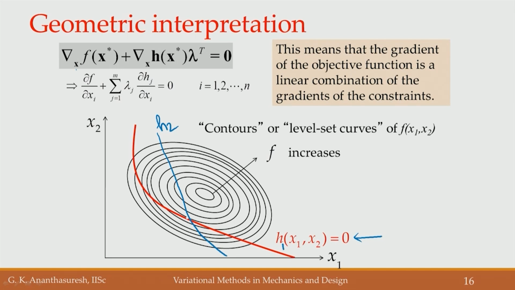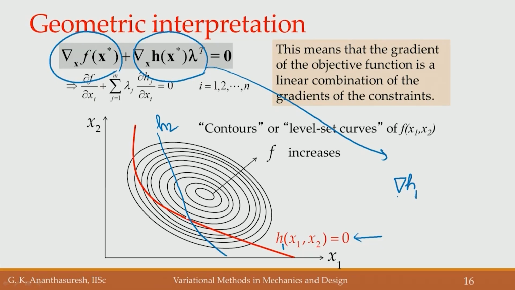Then the gradient of the objective function is a linear combination of these. It means that we have the gradient of H1 times lambda 1, another one, lambda 2, for the second constraint, and the gradient of the objective function, all of this with respect to x here, should sum to 0.